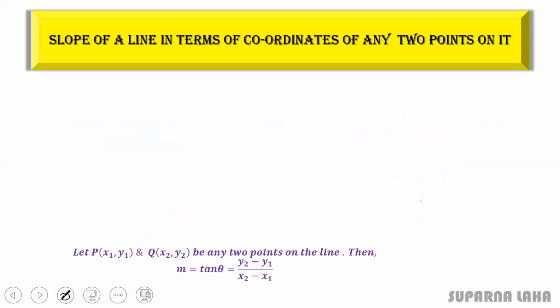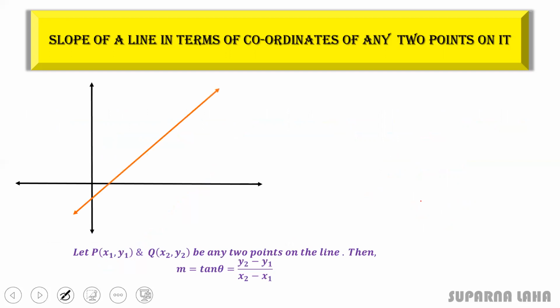So moving to the next one, the slope of a line in terms of coordinates of any two points on it. Taking this same line, here I am taking two points on it. Suppose one of them is (x1, y1) and another is (x2, y2). This is P and this is Q. Now if this angle is theta, then m equals tan theta.